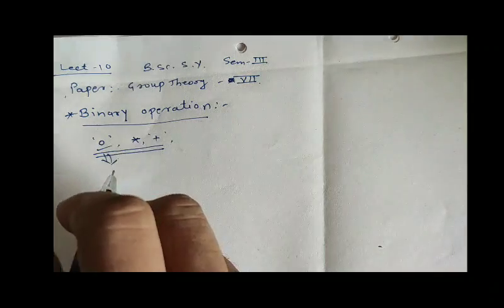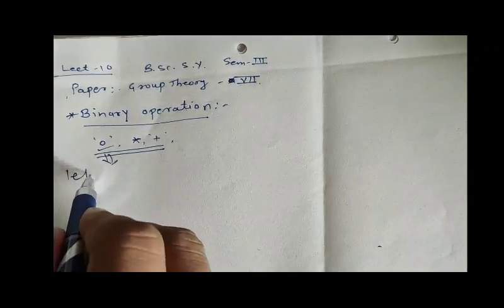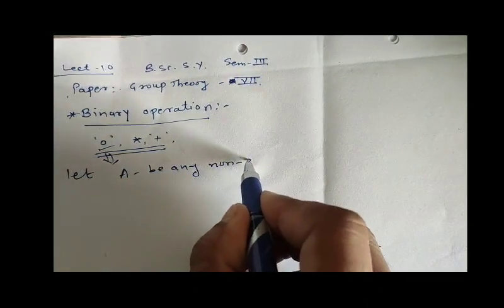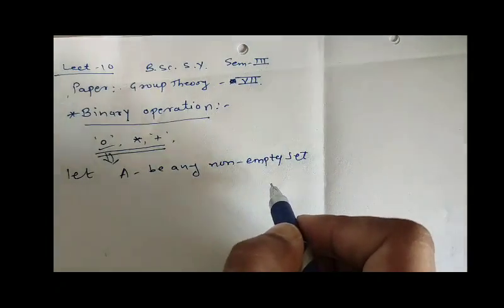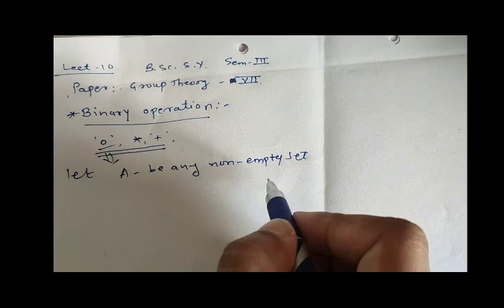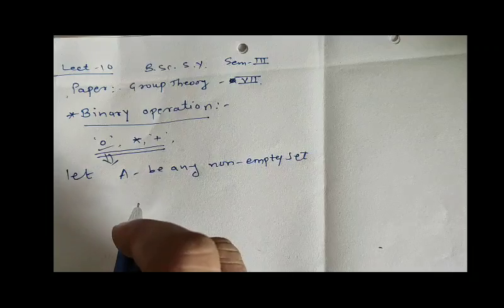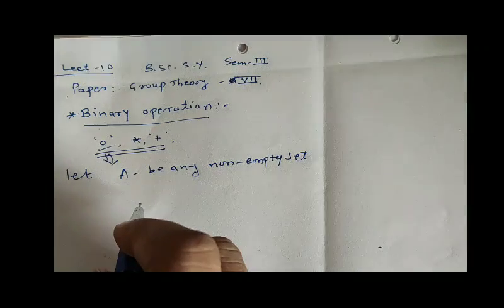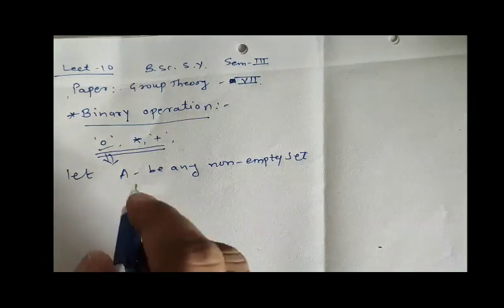Binary operation is defined on a non-empty set. Let A be any non-empty set, a mapping which associates to each ordered pair a, b of elements of A a uniquely defined element c belongs to A.